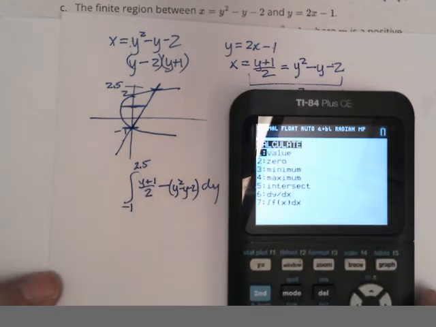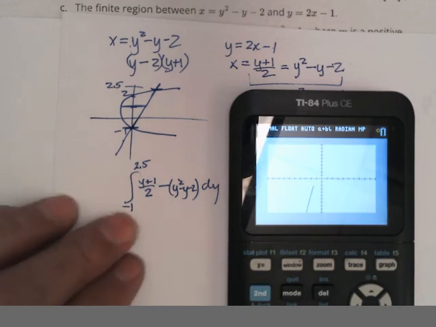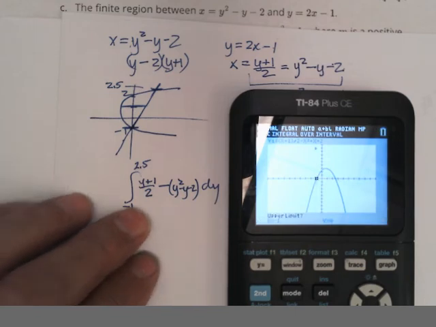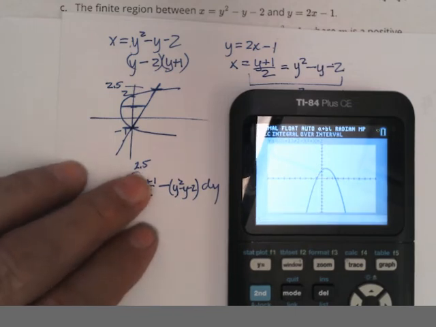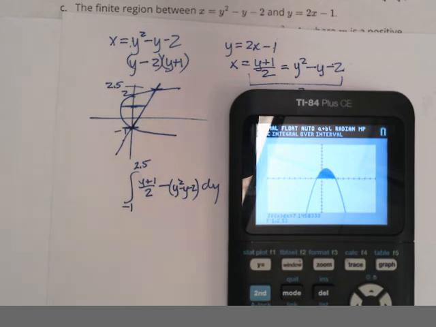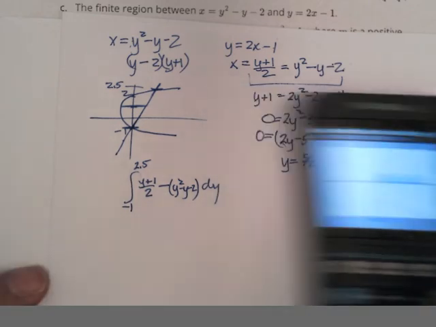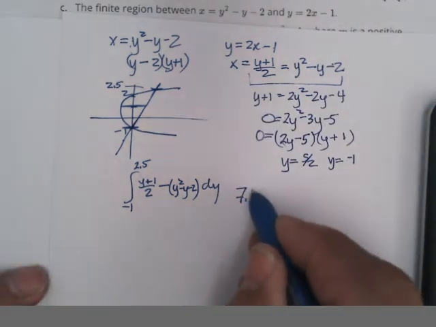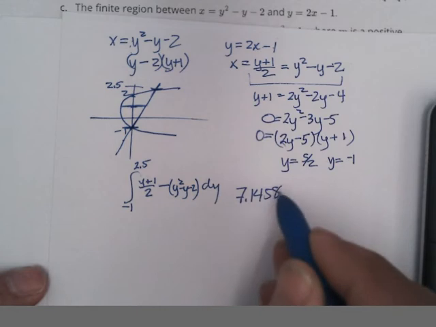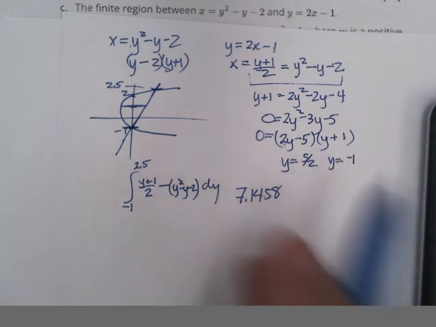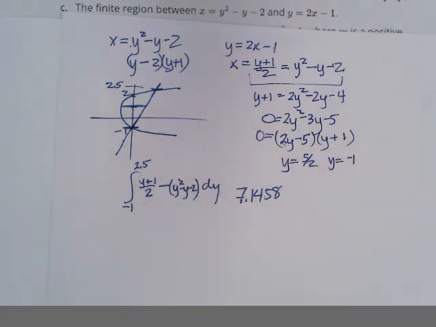Second, calculate the area from -1 to 2.5, and that area is 7.1458. Okay? Now I could have worked out the exact one, but I decided not to.